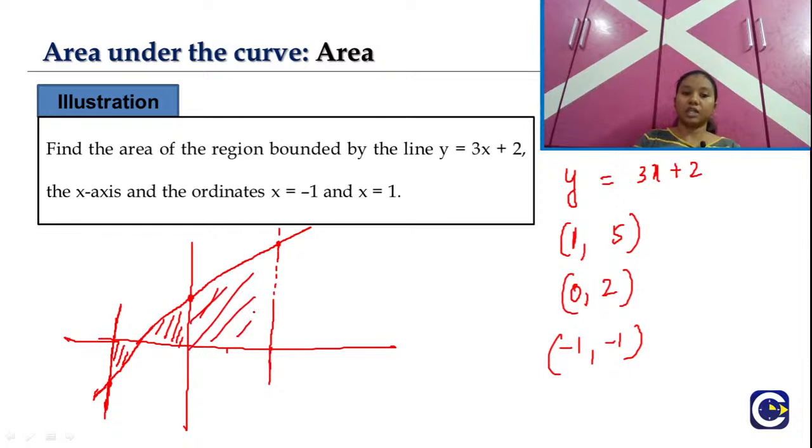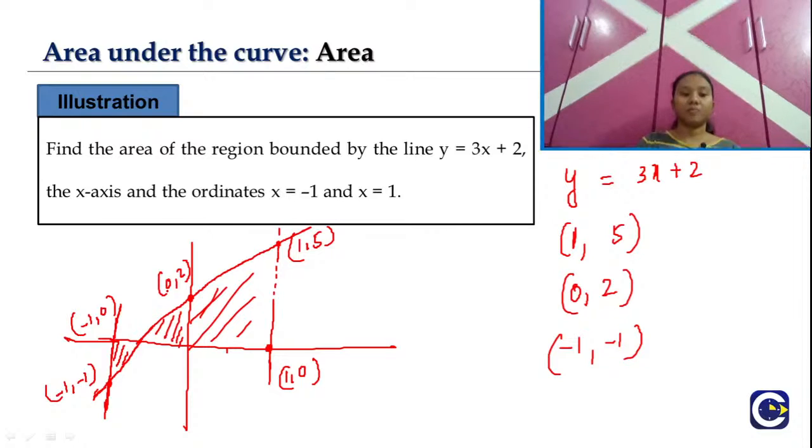So this point is when x equal to 1 and y is 0. This is when x equal to 1 and y is 5. This is when x equal to -1, y is also -1. This point is x equal to -1 and y equal to 0. And this is x is 0 but y is 2. Right, so you have to find the area of all this.